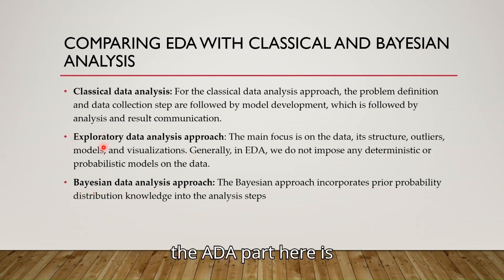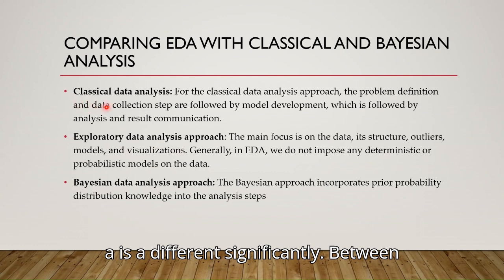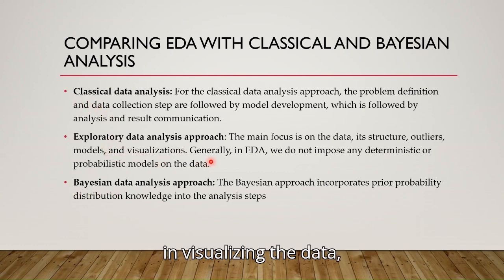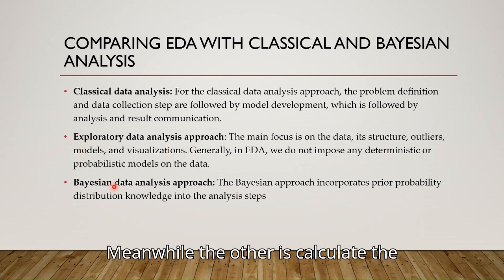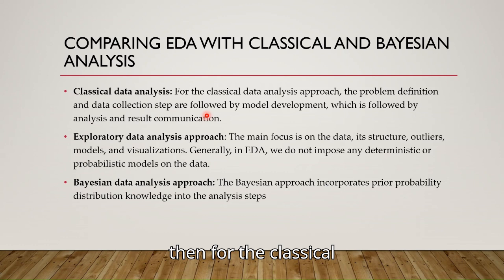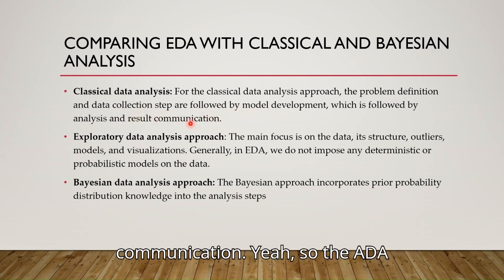So the EDA part here is significantly different from classical and Bayesian. EDA only focuses on visualizing the data and drawing insight from the data. Meanwhile, the others calculate the probability and the model, and the classical approach is followed by analysis and result communication.